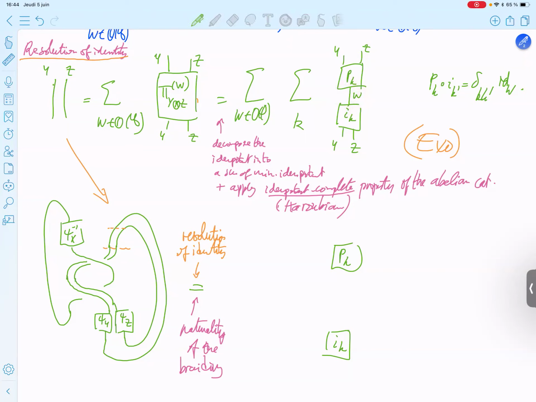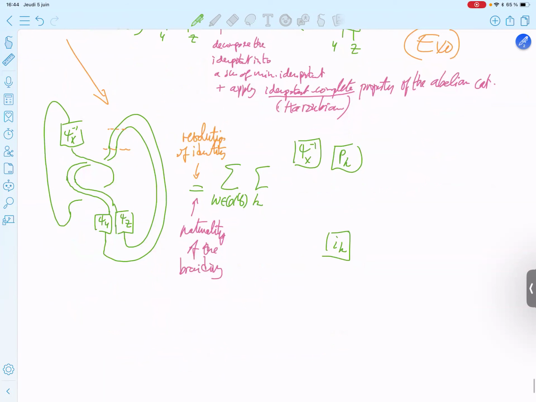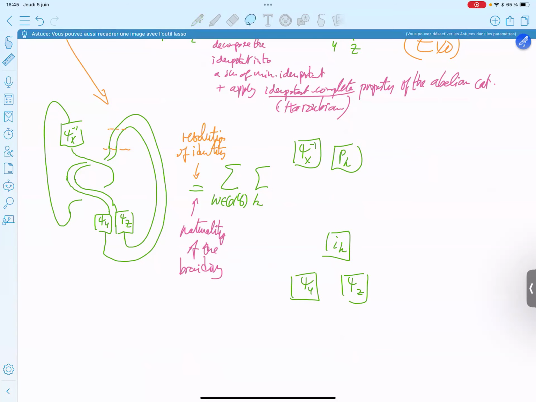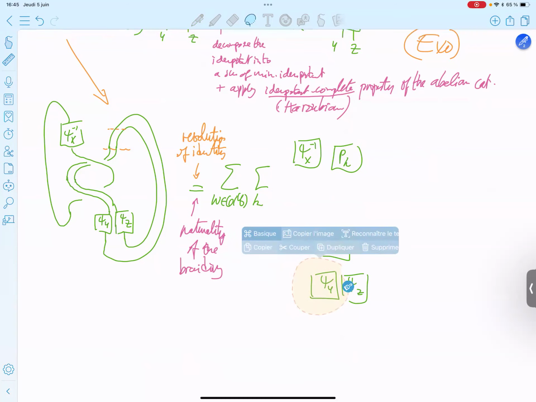Of course you need to put the sum over W simple, sum over K. Here you have the natural isomorphism. And here you will also get some natural isomorphism. So you have something like that.